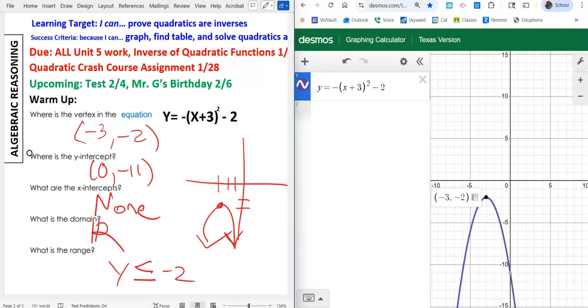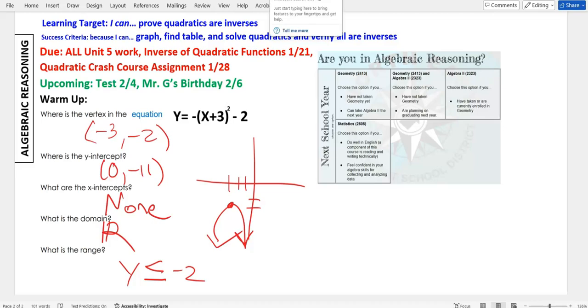Okay. Write that down. We got some notes. Did that? Steve? Steve? Steve, did it?